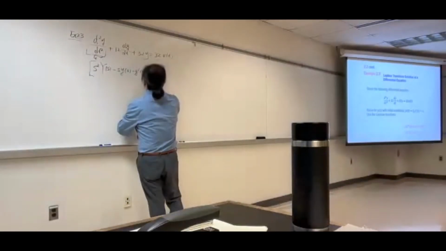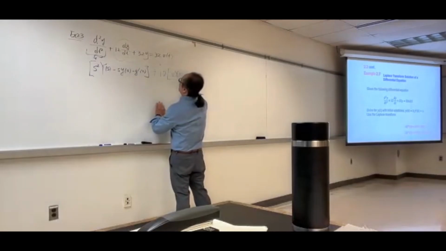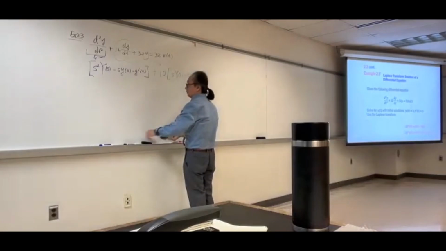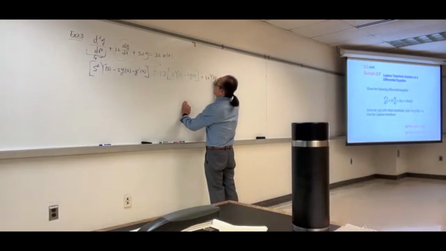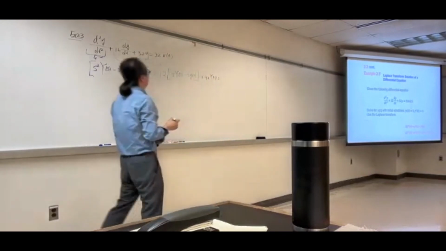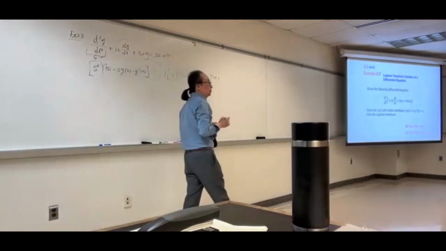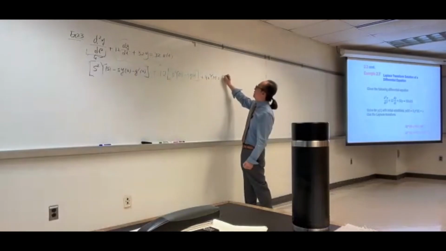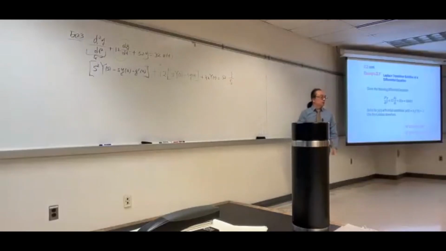And then plus 12 (sY(s) minus y(0)), and then plus 32 Y(s) equals, what's going to be on the right-hand side? 32 times u(t). So make sure we put 32 times u(t). The Laplace transform of u(t) is 1 over s, right?